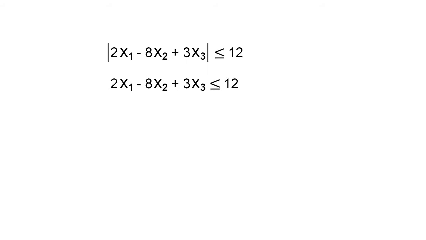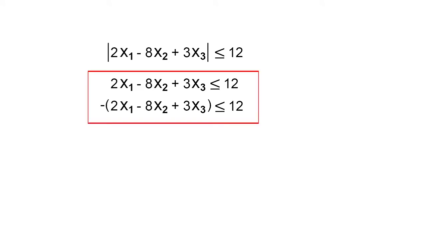And we also get the negative of the equation, negative 2x1 minus 8x2 plus 3x3 is less than or equal to 12. Therefore, this is the proper transformation of constraints written as absolute value functions.